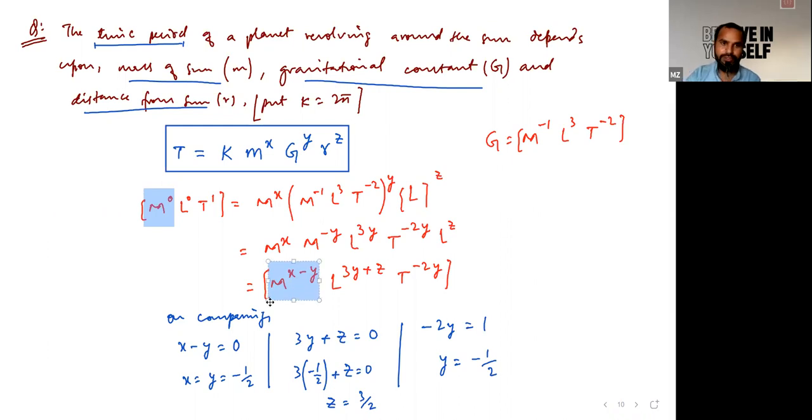Compare the exponent of each part on the left hand side and the right hand side. As we have m raised to the power 0 on the left hand side and m raised to the power x minus y on the right hand side, on comparing, x minus y would be 0.